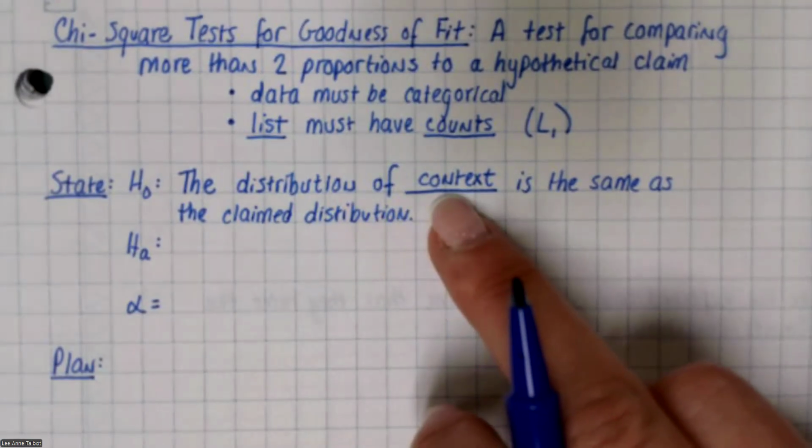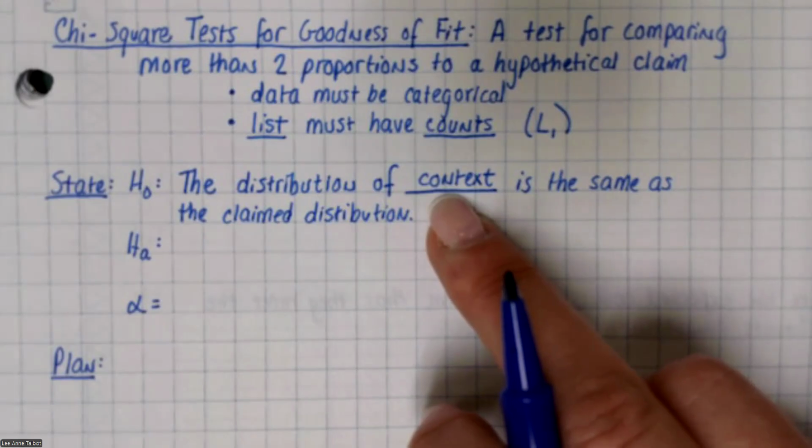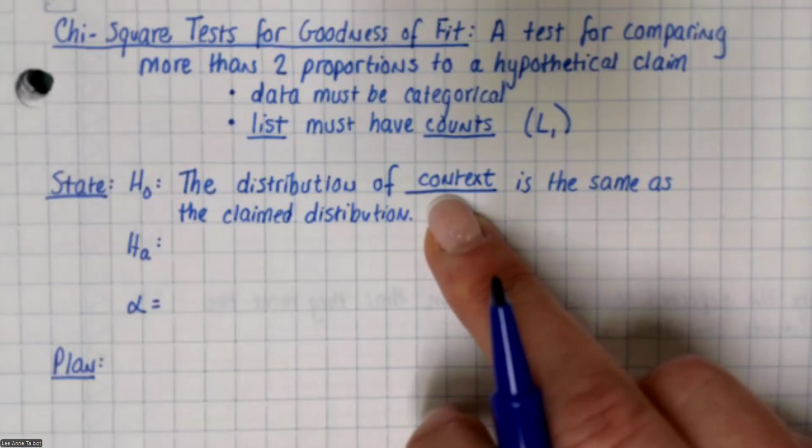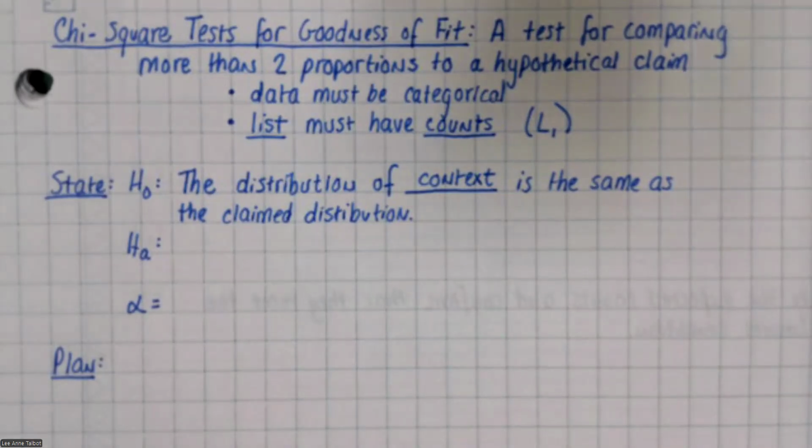Here is where you're going to say what is in the problem, like cars or days of the week that end in Y. Wait, that would not be that interesting because I think that's 100%. Days of the week that are above 80 degrees. So, whatever.